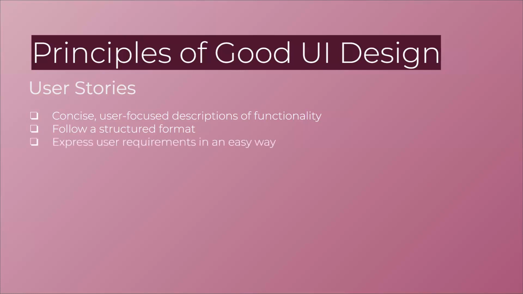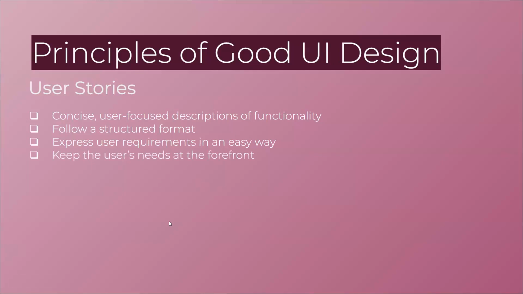And so user stories express user requirements in a very easy way. By easy, I mean in reference to the designer. I'll show you exactly what this means with an example. Exactly, a sitemap of ideas is a good way to put it. They also keep the user's needs at the forefront.